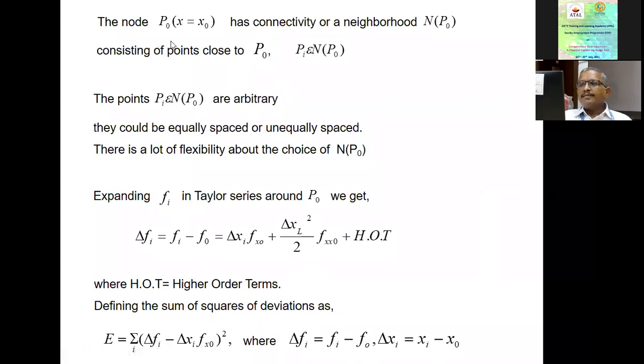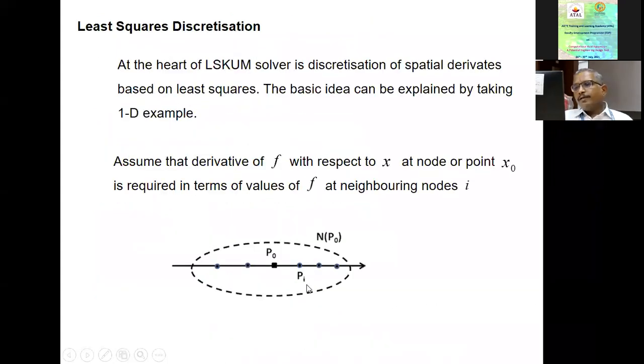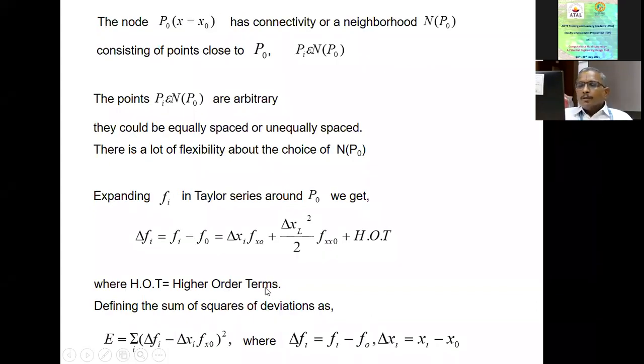The same thing is explained here, just written out in a short form. I know Fi, I know F0, and Fi means in all the surrounding region of 0. If I expand, I can write Fi expanding around point 0 using Taylor series as shown here.